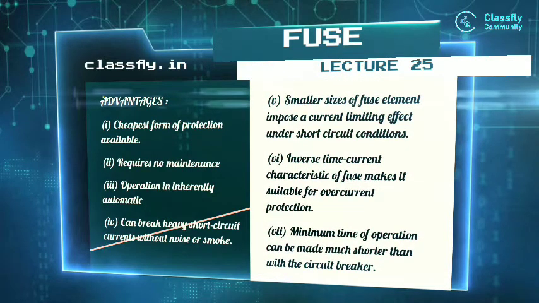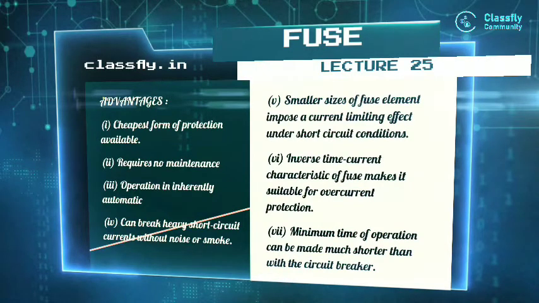Our fifth point is that the smaller size of the fuse element imposes a current limiting effect under short circuit conditions. In a short circuit, the current will flow, and when the temperature is high, it will start melting. So it will have a current limiting effect when the size of the fuse element is small.